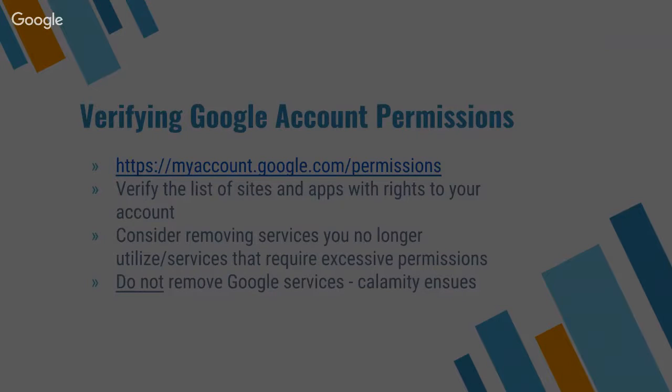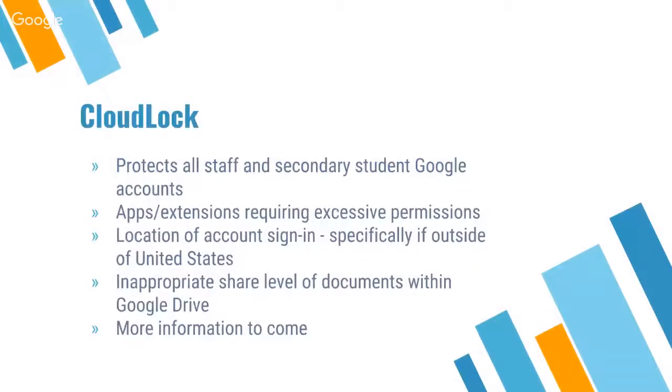So the first 2 topics we talked about are end user responses to Google security. This third topic is, what is eastPorter doing to assist in the protection of your Google account? We've recently purchased a software called CloudLock, and what CloudLock does is protect all staff and secondary student Google accounts. And it does this through a couple different methods.